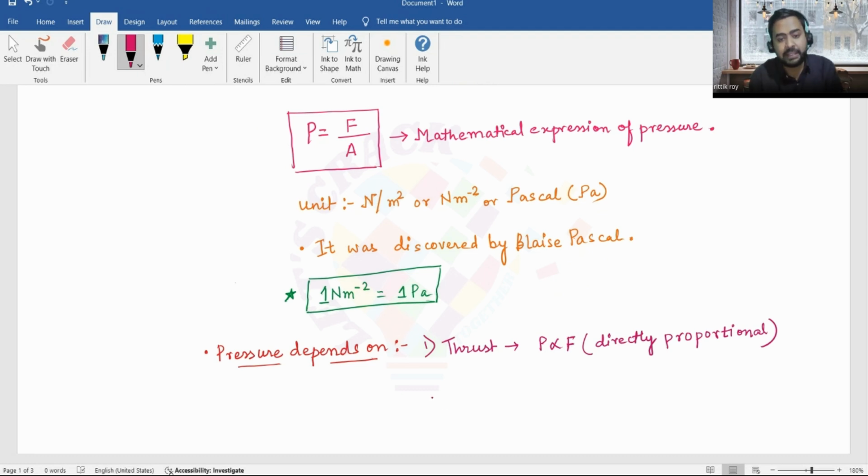Okay, and the other factor on which it depends is the area of contact. Pressure is inversely proportional to the area of contact.